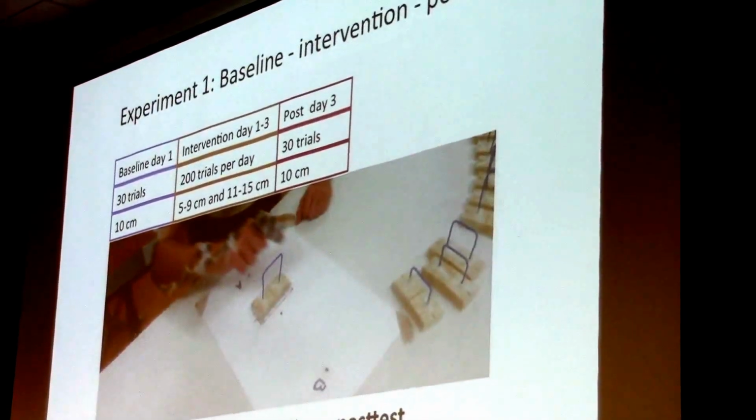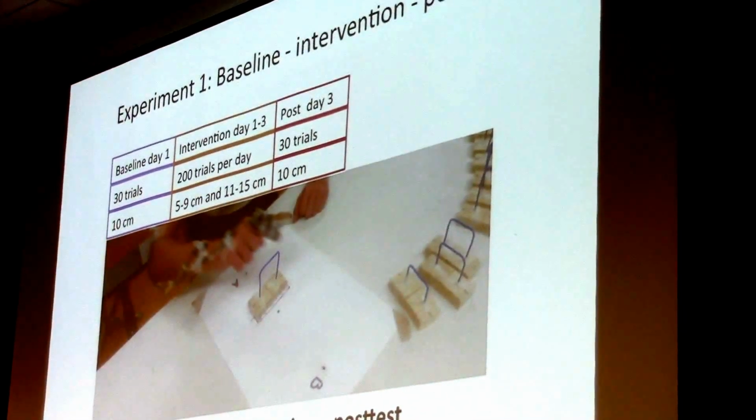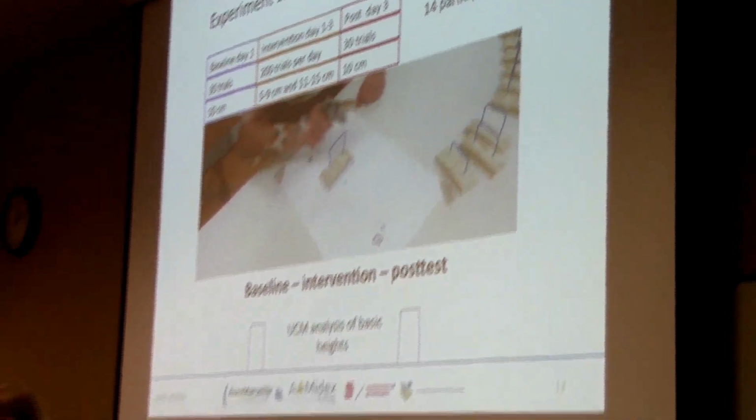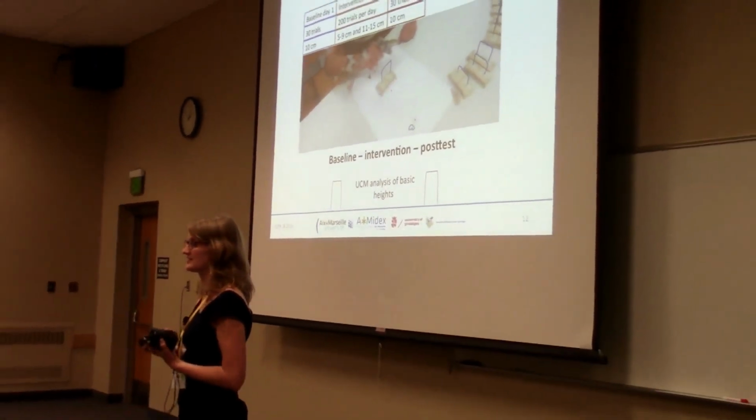We had an intervention of 600 trials divided over 3 days, and when we did the analysis, we only analyzed the baseline 30 trials of 10 centimeters and the post-test 30 trials of 10 centimeters to see whether there was an increase in motor flexibility. The instruction we gave the participants while doing the task was that they had to be accurate and as fast as possible.